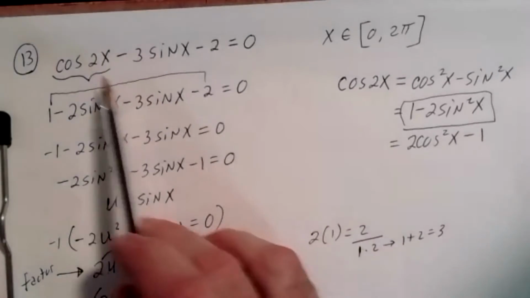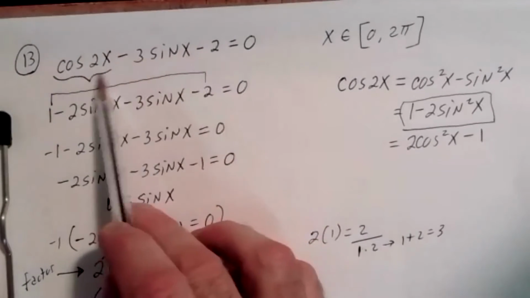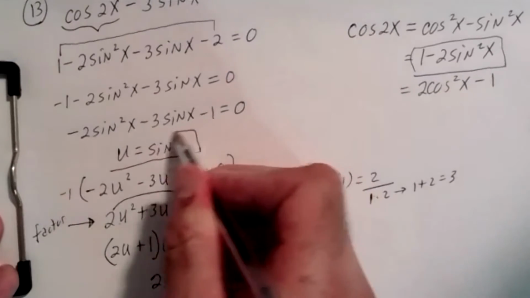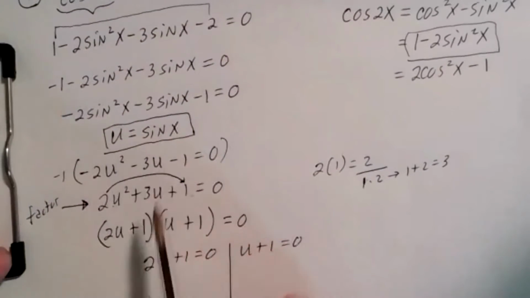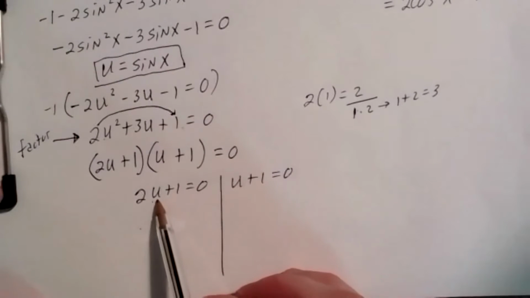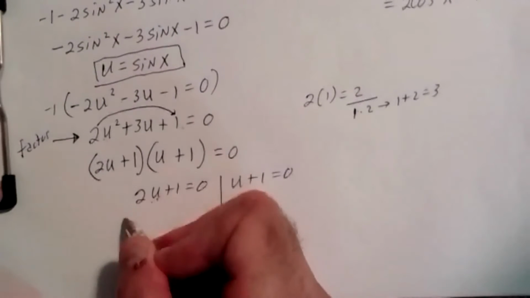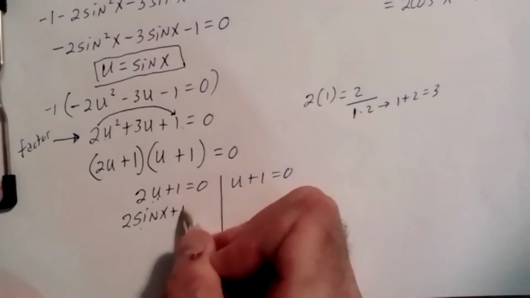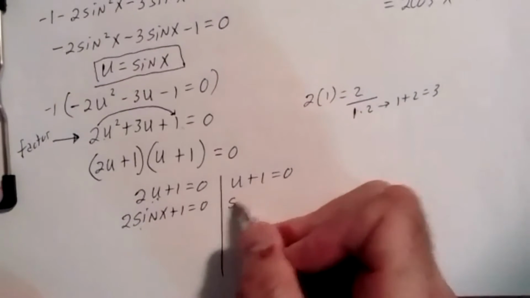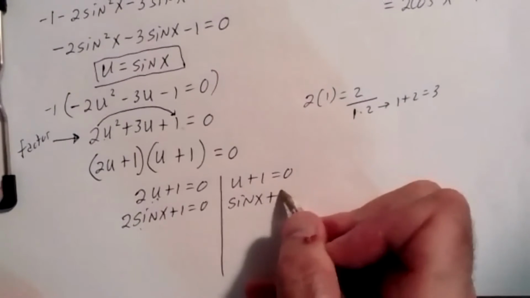We were being asked to solve for x, which is the argument of a trig function, specifically the argument of the sine function, because we let u be equal to sine x. So we need to bring back and replace u with sine x. So we're really having to solve this trig equation, 2 sine x plus 1 equals 0, and sine x plus 1 equals 0.